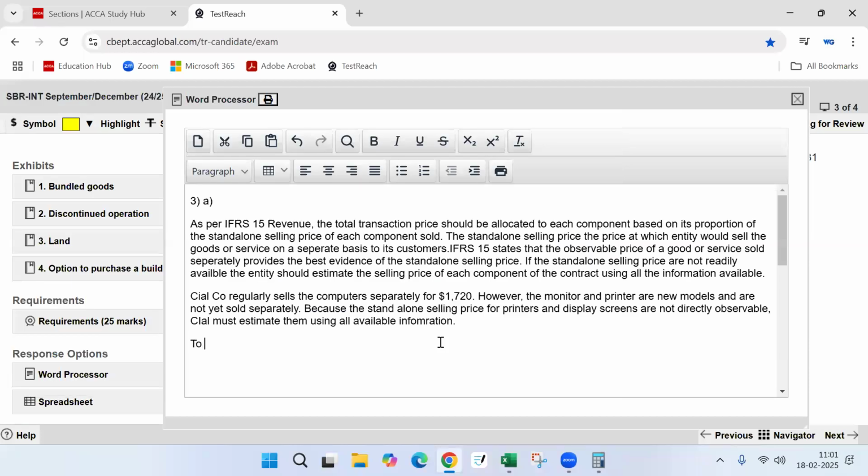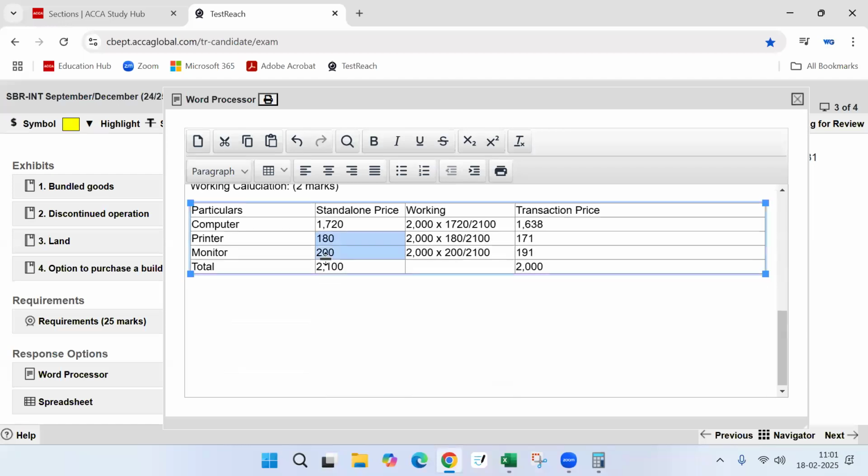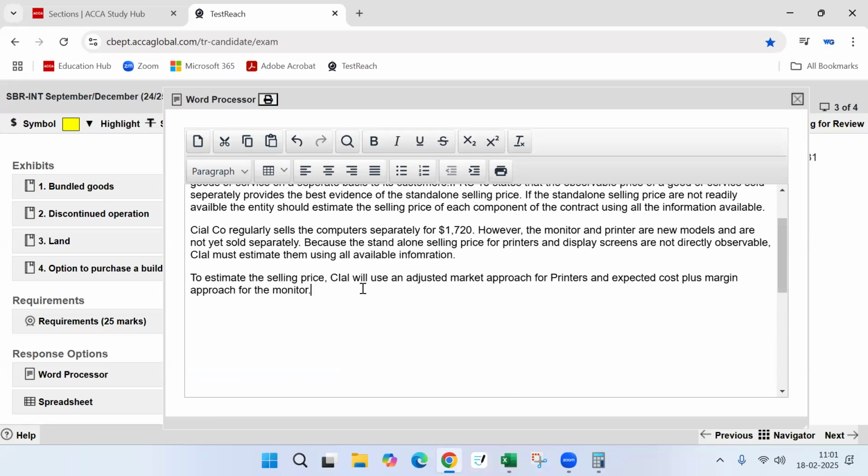We can say that to estimate the selling price, CL will use an adjusted market approach for printers and an expected cost plus margin approach for the monitor. See, when you're showing this amount as your calculation, you need to justify why you are choosing that amount.